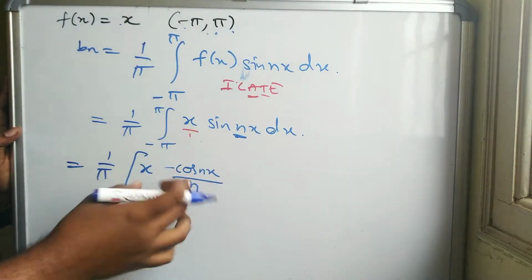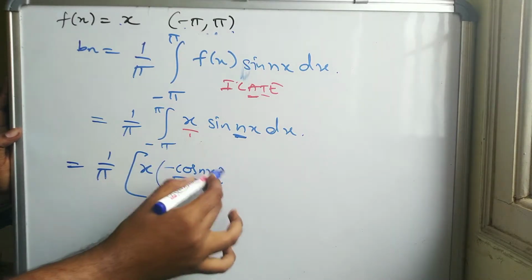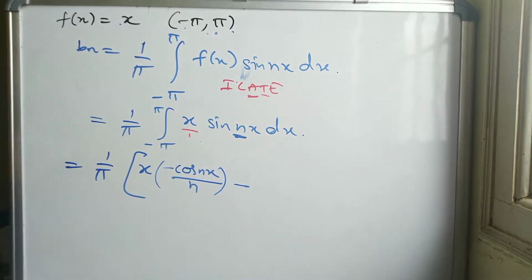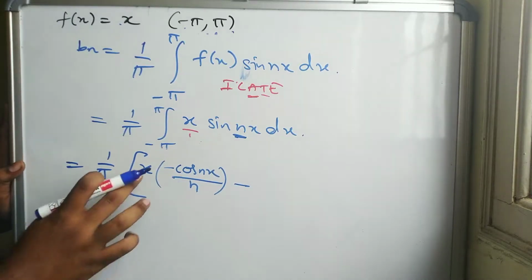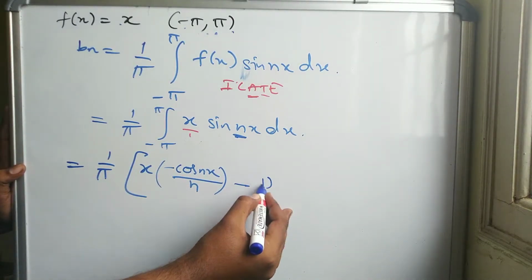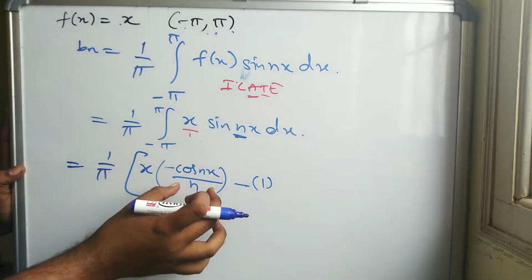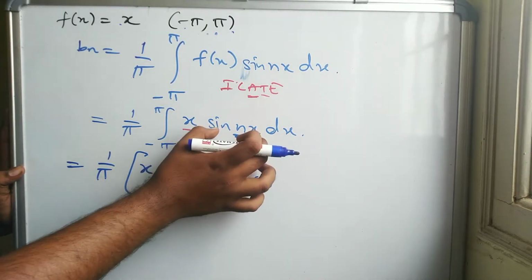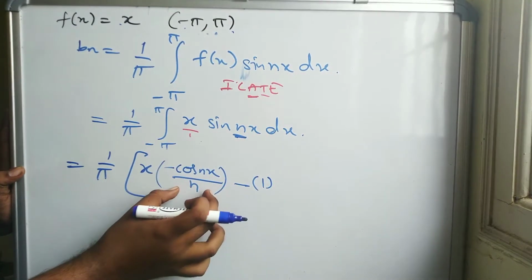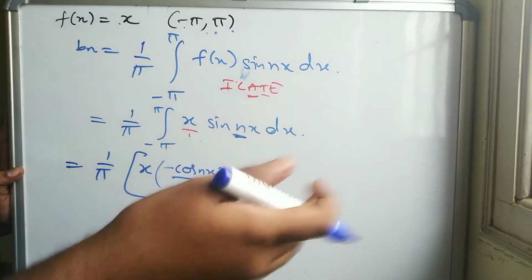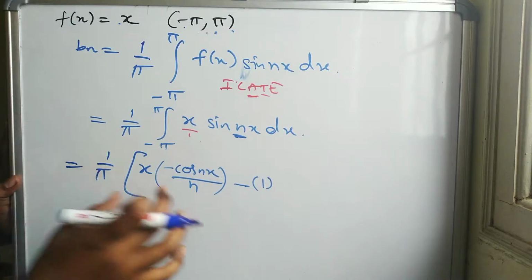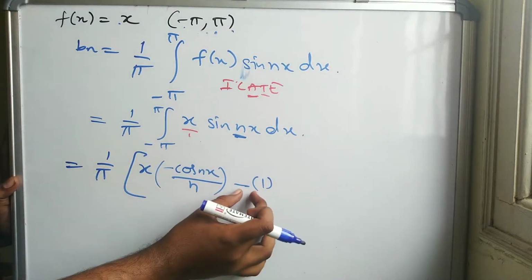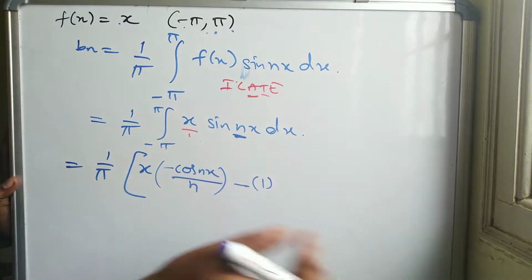Now sin x we know the integration is minus cos x. Then minus differentiation of the first function, x, which is 1, into integration of this function, not the original function. You have to simultaneously differentiate and integrate. That is the main thing of integration by parts. Now minus you have to put, remember, plus minus like that.